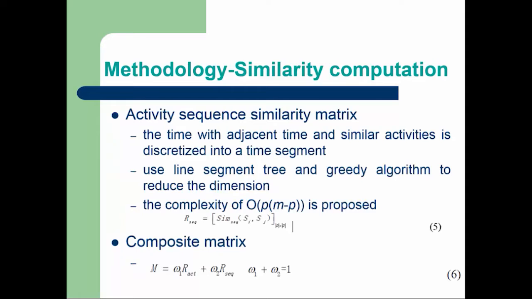For computing activity sequence similarity, the time with adjacent time and similar activities is discretized into a time segment, and each segment is regarded as a weighted point.